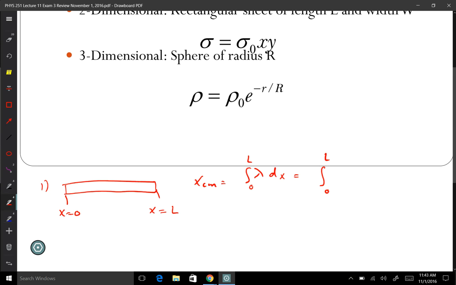Lambda has lambda 0 that's constant, so I'll bring that outside. E to the minus x over L dx. Well, what's the integral of e to the minus x over L dx?